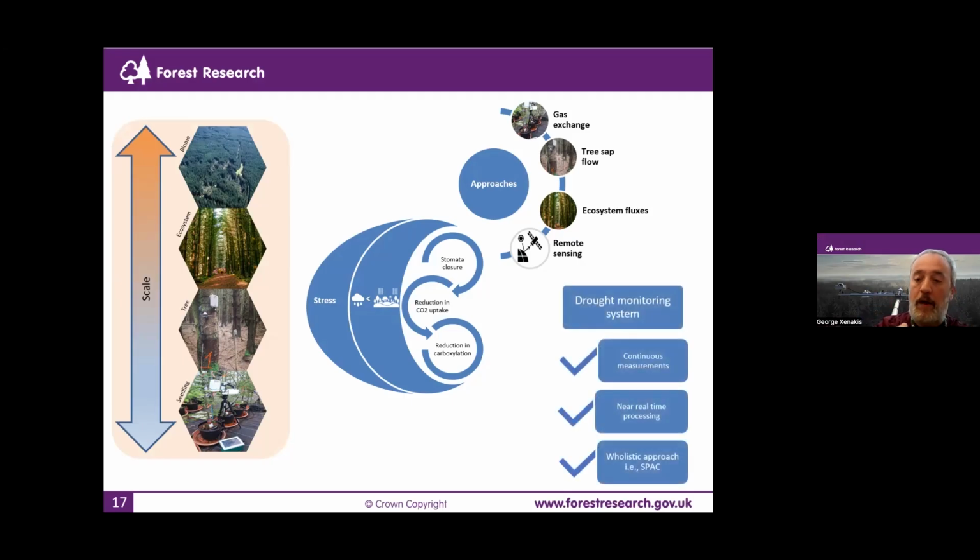So it's a system where you can have continuous measurements that come as real time as possible, and we can look at all the processes of the forest ecosystem depending on the scale. But we need to look at soil, we need to look at tree, and we need to look at the actual atmosphere.